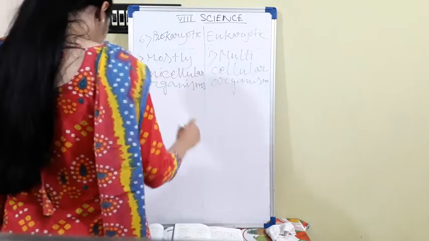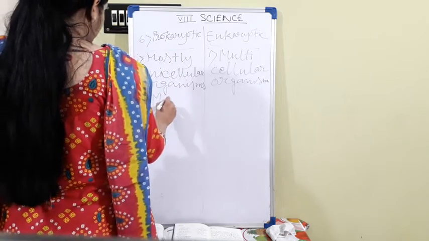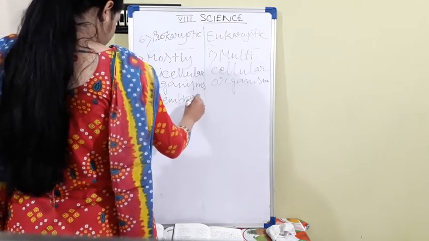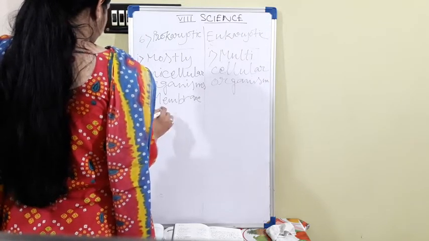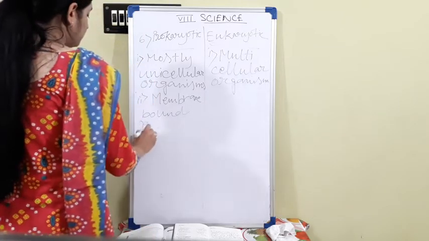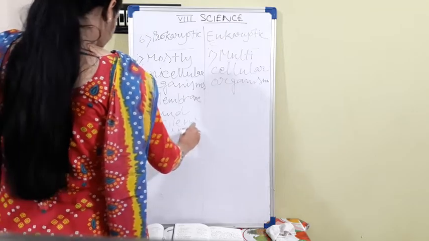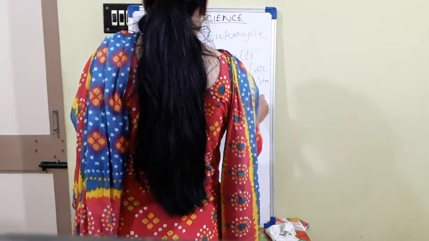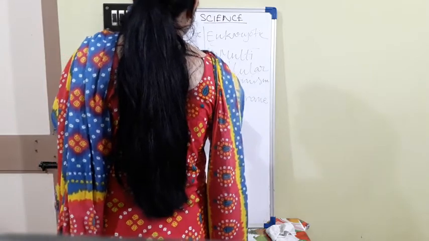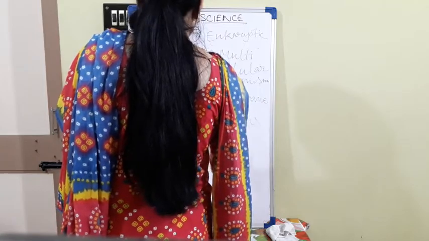Number 2, membrane bound nucleus absent in prokaryotes. Membrane bound nucleus present in eukaryotes.